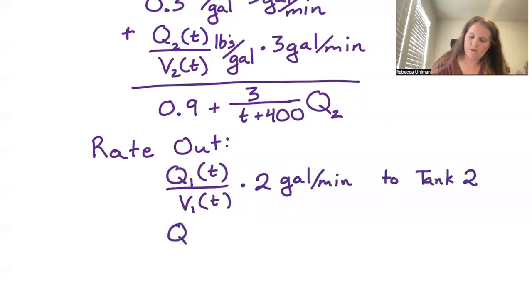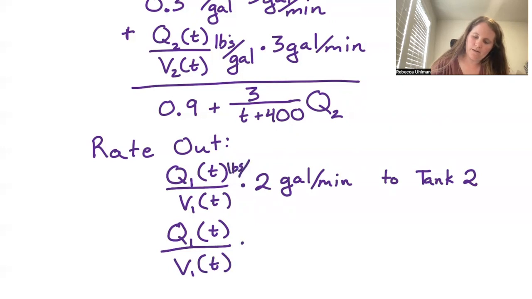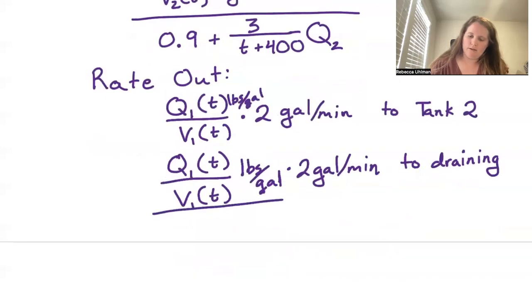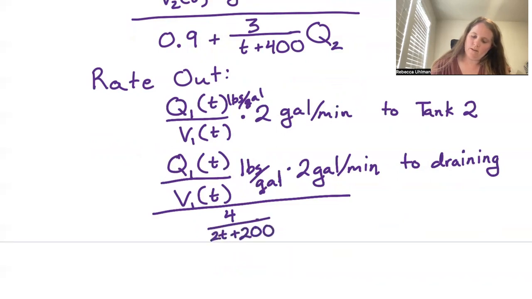And then we lose another Q1 of T over V1 of T pounds per gallon times 2 gallons per minute to draining. And so this is just 4 over V1, so 4 over 2T plus 200 times Q1.